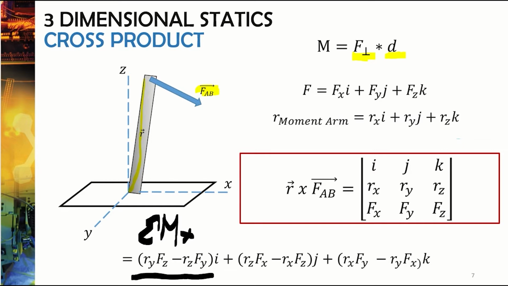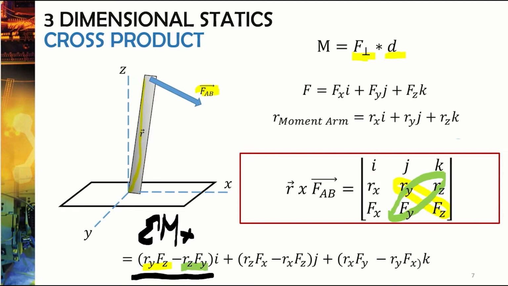Well, moments about the x are going to be caused by forces in the z direction times distances in the y, which is exactly what we see right here. We also can have moments about the x-axis by having forces in the y direction multiplied by distances in the z. That's this equation right here.